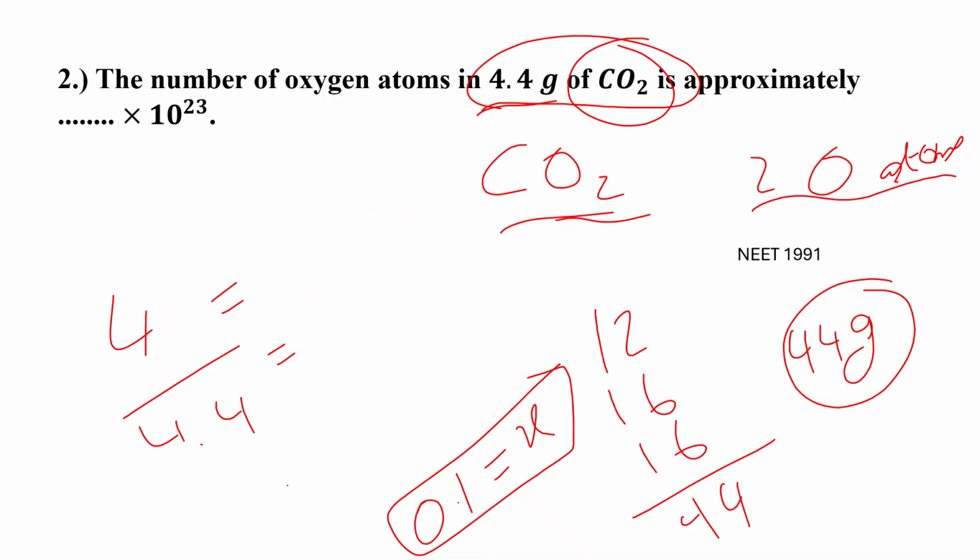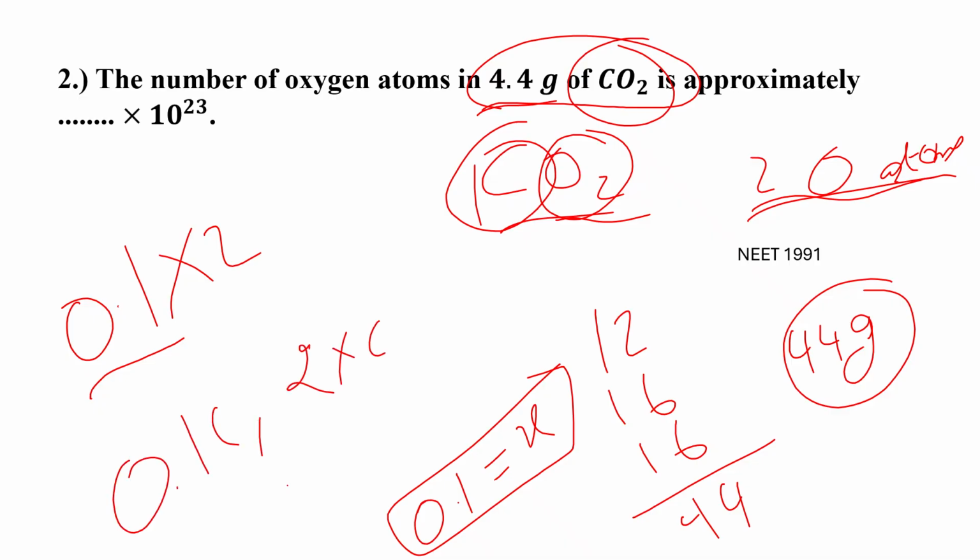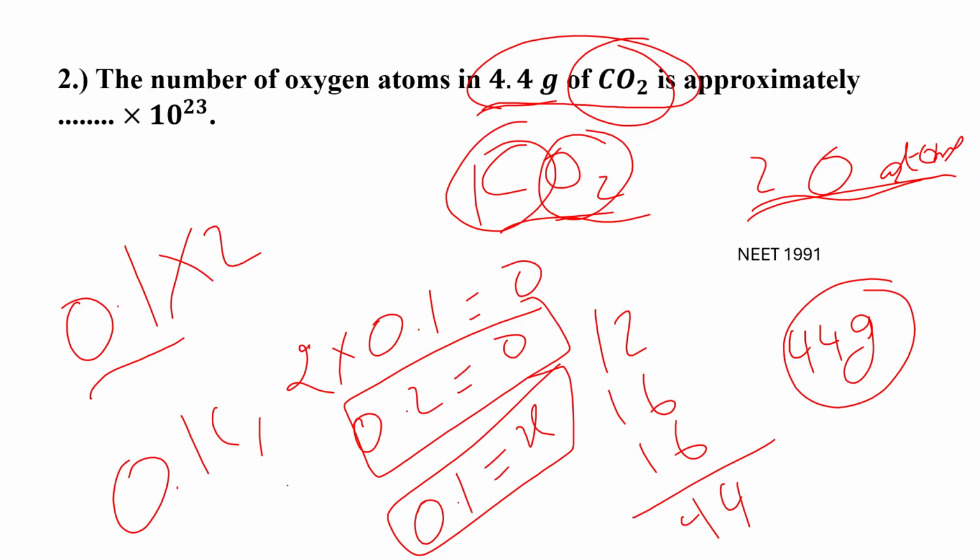In 1 mole of carbon dioxide there is 1 carbon and 2 oxygen atoms. So 0.1 mole of carbon dioxide contains 0.1 times carbon, then 2 into 0.1 times oxygen. So 0.2. So there is 0.2 times oxygen atom.